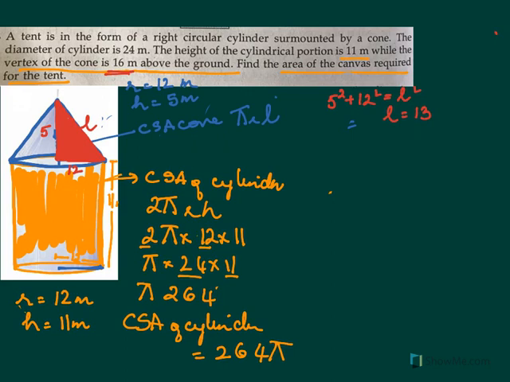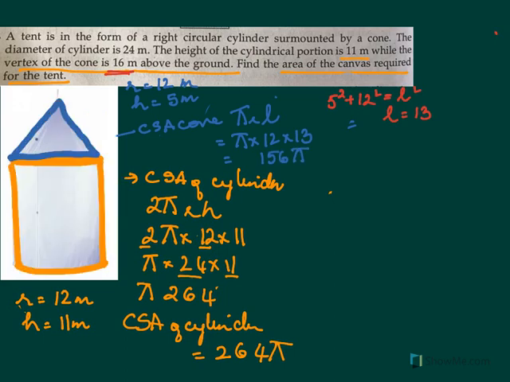So let's go back here and see our cone. CSA of the cone will be pi, our R is 12 and our L is 13. So now this works as 156 pi. So we calculated this as 156 pi, and we calculated this surface area as 264 pi. Now you'll definitely agree we need to add both of these.